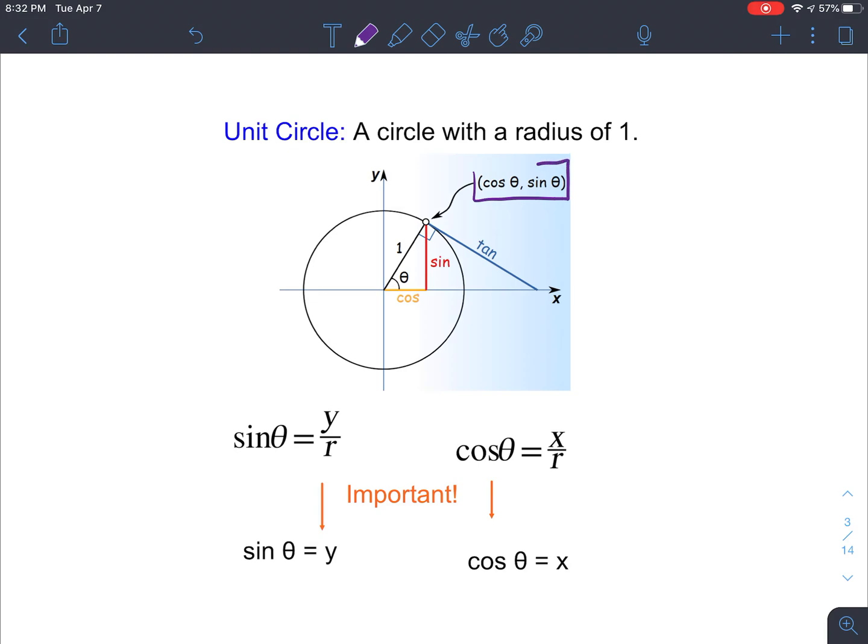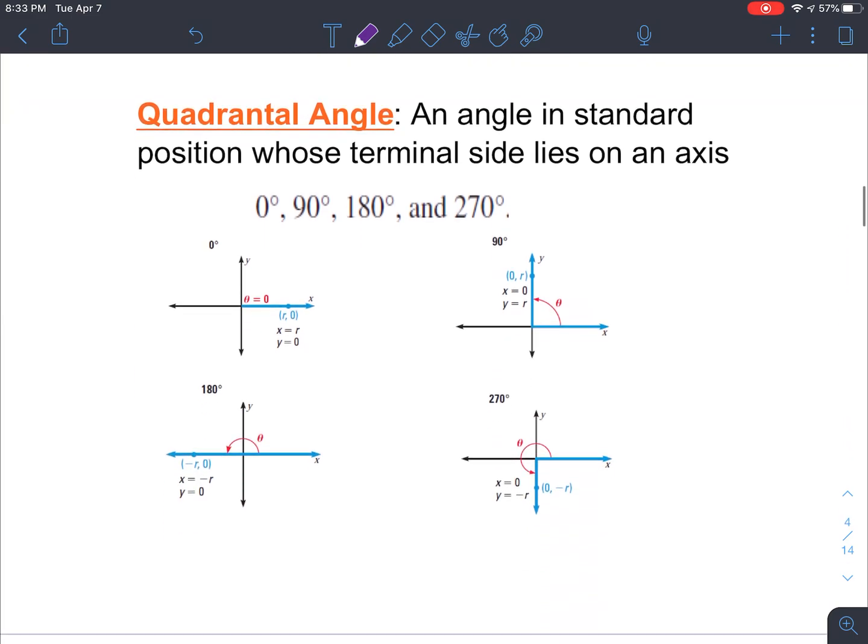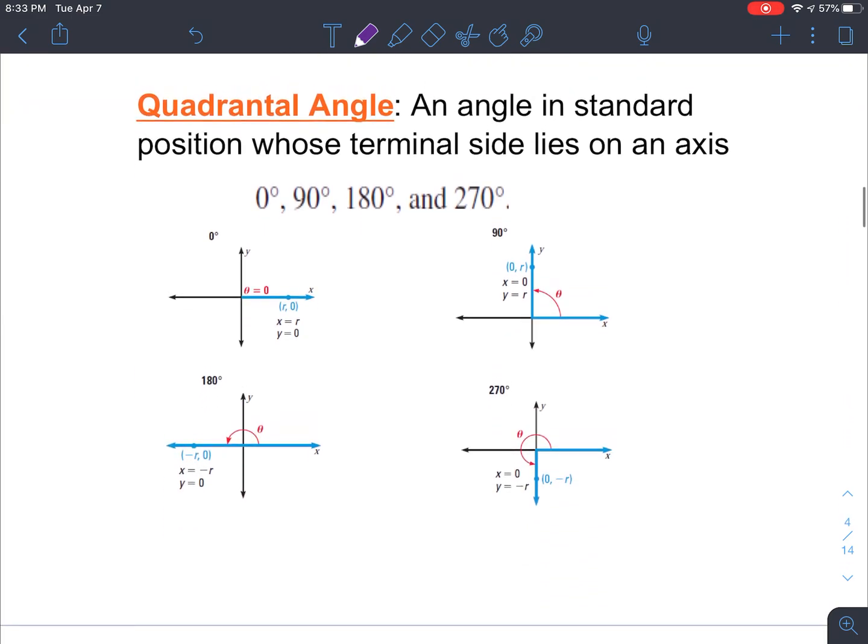Which means anytime we say we're on the unit circle, any ordered pair that we are given will immediately give us the calculations for sine and cosine. We just go to our x value as cosine and our y value as sine. Okay, so that's the part of the unit circle that is so useful. All right, is that sine is equal to y, cosine is equal to x.